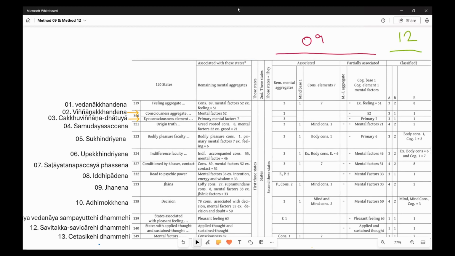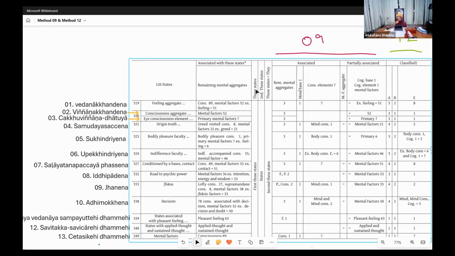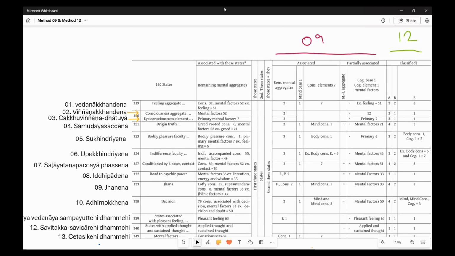Sorry, Bhante. So here, for the second Tehi Dhammehi, it is Vedana Khanda. Tehi Dhammehi is this part. The first Ye Dhamma becomes Tehi Dhammehi, and the second Ye Dhamma becomes the Vedana Khanda itself. For example, the first Tehi Dhammehi Ye Dhamma Sampayutta.